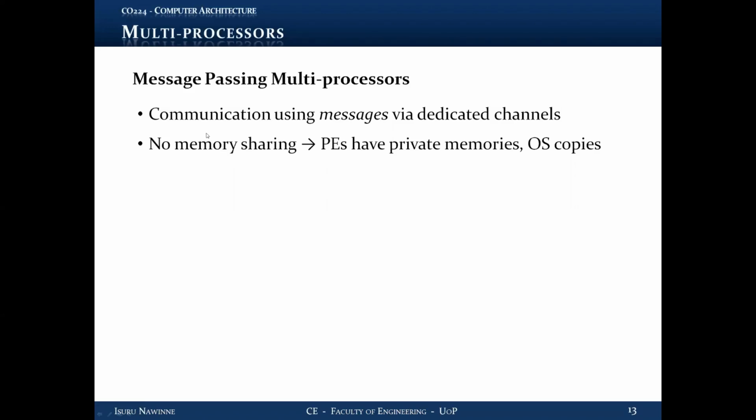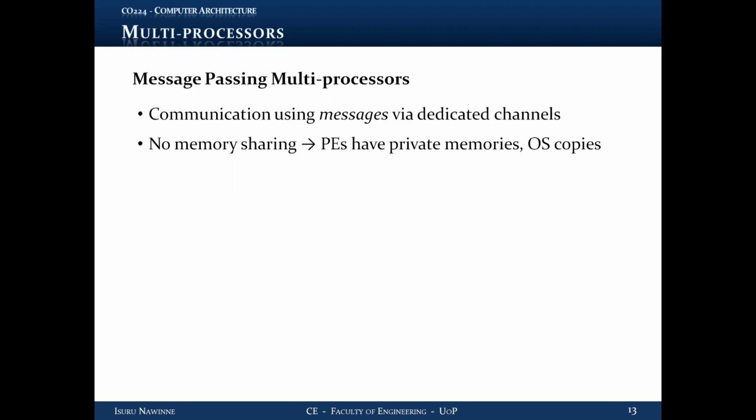The other type of implementation you can see to facilitate multiprocessor communication is message passing. Communication is done there by passing messages through dedicated channels, not the memory. Memory is now left out. We have dedicated channels to pass data between processors. This is an entirely different programming paradigm.